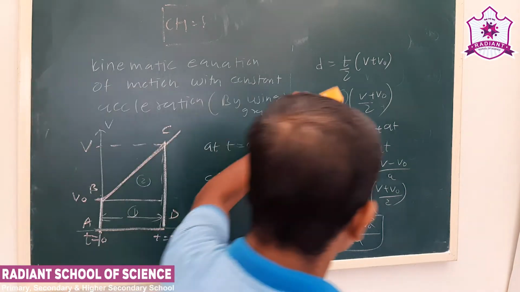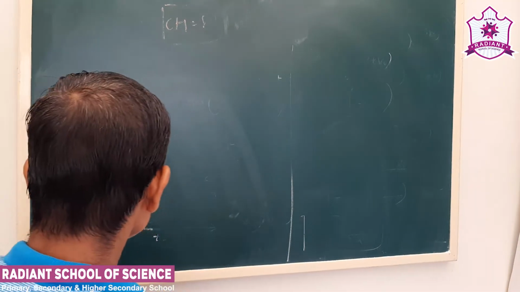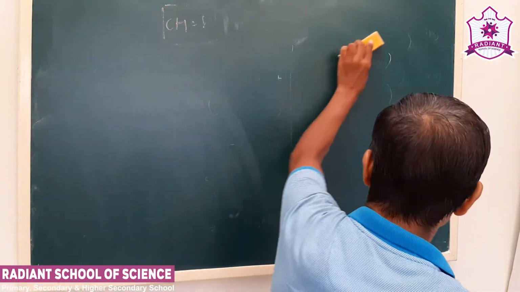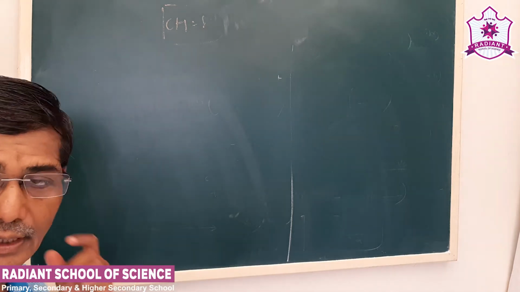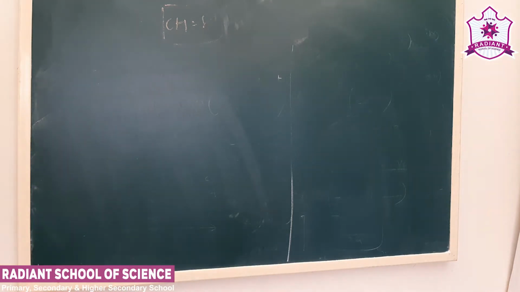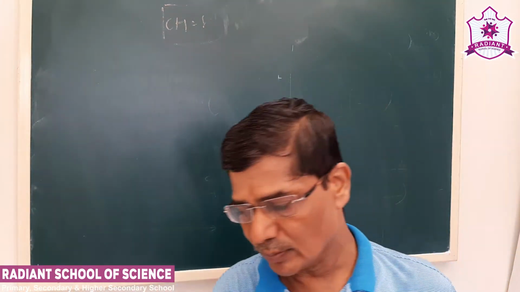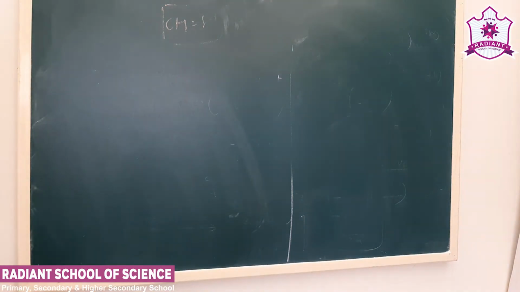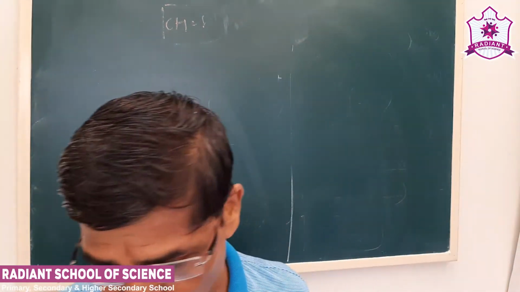Now there are a number of examples based on this. See our theory part, what we saw first: we saw what is distance, what is displacement, what is speed, what is velocity, what is average speed and what is average velocity.